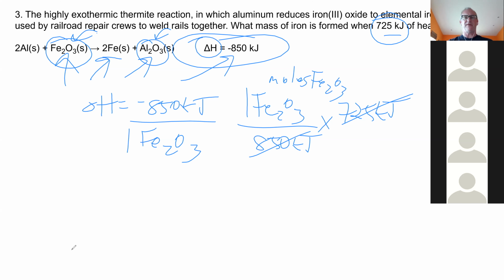So how many moles of Fe2O3 did I start with, basically? One. Nope. If I had 1 mole of Fe2O3, I would have released 850 kilojoules of heat, but I didn't. I only released 725. So how many moles of Fe2O3 did I start with?